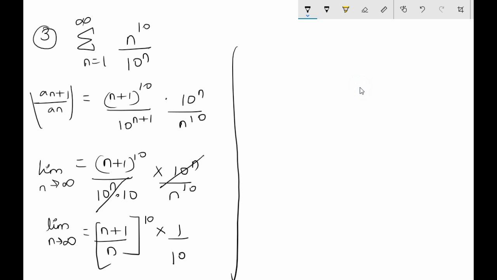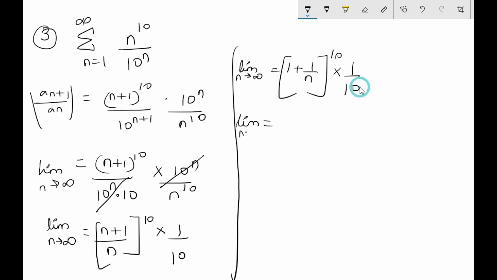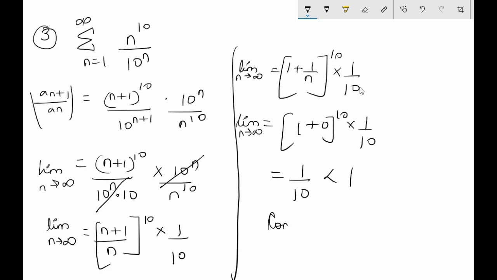Dividing by the highest power, we get (1 + 1/n)^10 into 1/10. Taking the limit as n tends to infinity, we get (1+0)^10 into 1/10, which is equal to 1/10, which is less than 1. Hence it is convergent by ratio test.